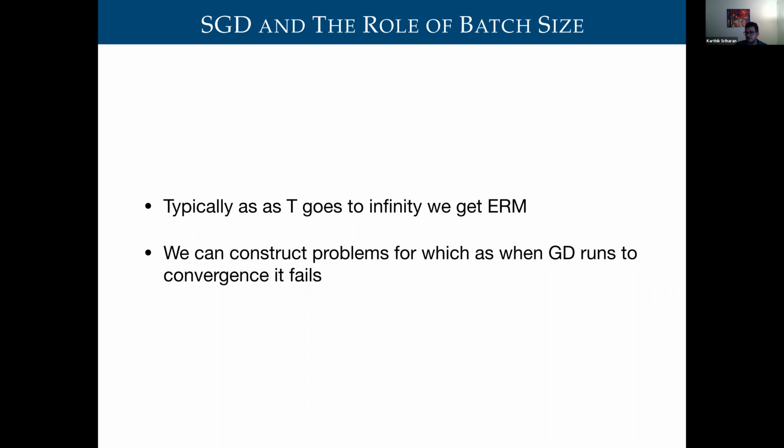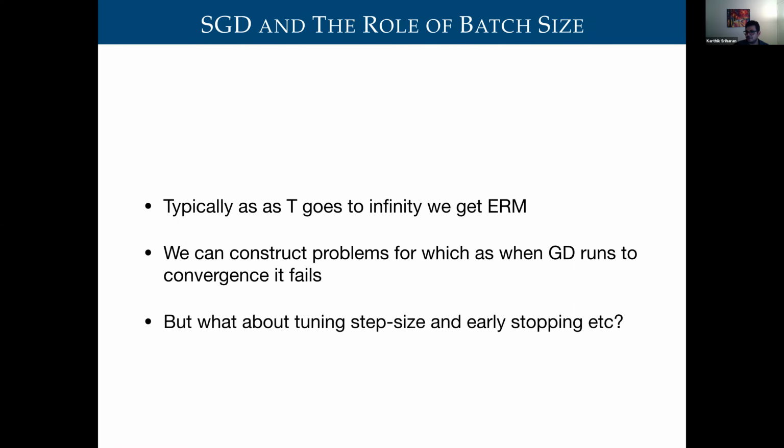That was already known for lots of problems. But what is interesting here is that we show that this is going to be true even if you tune your step size and allow for things like early stopping, or take a smaller step size, run longer and so on. Even in this case, gradient descent can never do as well as stochastic gradient descent.